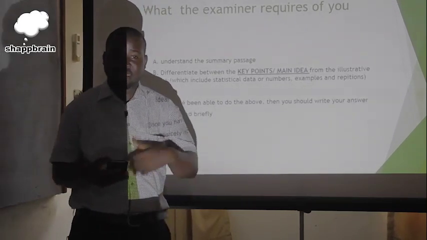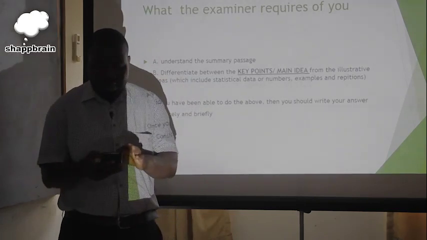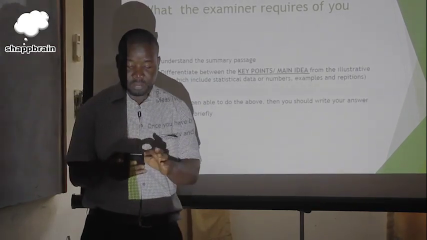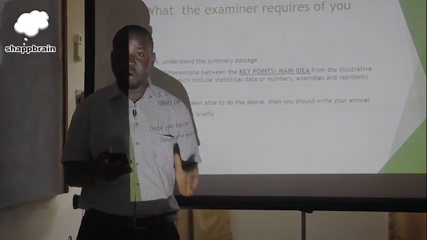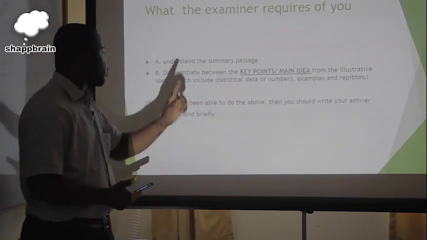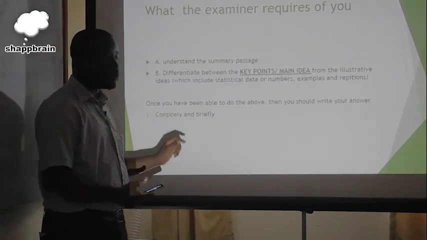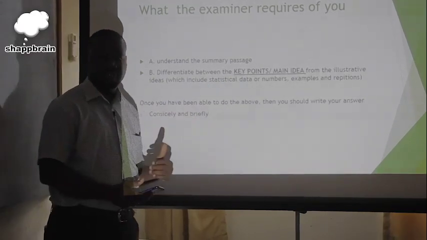So I said that the examiner expects you to understand the summary passage. That's number one. Number two, you must be able to differentiate between the key points and the main idea from the illustrative ideas, which includes numbers, examples, and repetitions.